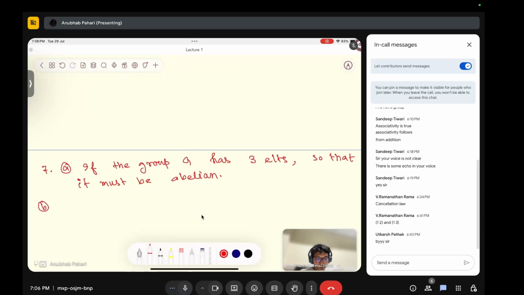For B, check the same if G has 4 and 5 elements respectively.